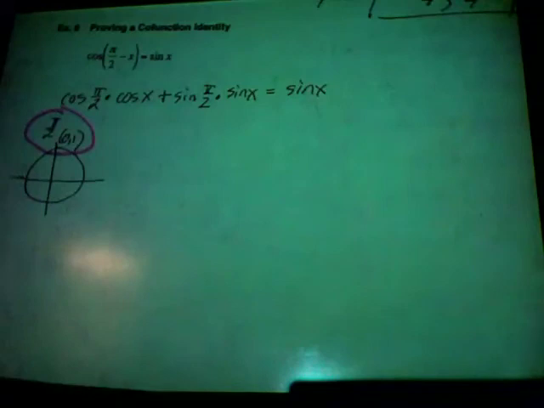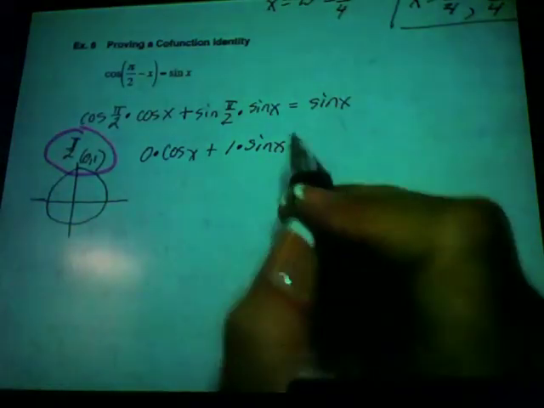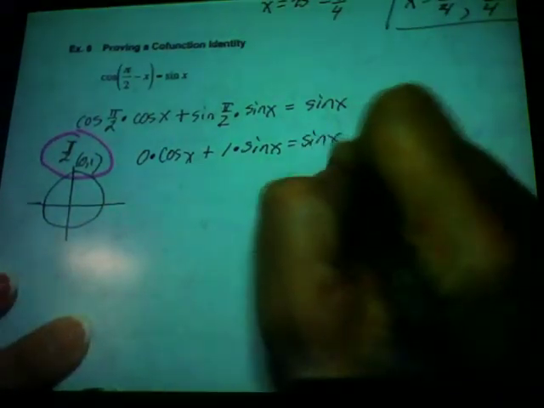This is all I care about. Cosine is the x or the y on this ordered pair? The x. So cosine of pi over 2 is 0. So I have 0 times cosine of x, plus, what's the sine of pi over 2? 1. So it's 1 times sine of x equals sine of x.